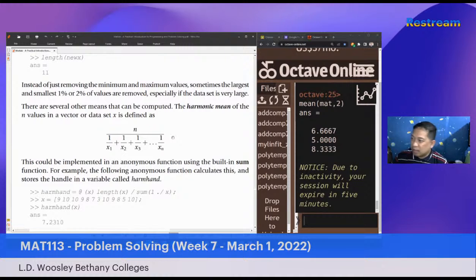Right? So we could just verify using the formula here, the variable harmhand or harmonic hand.